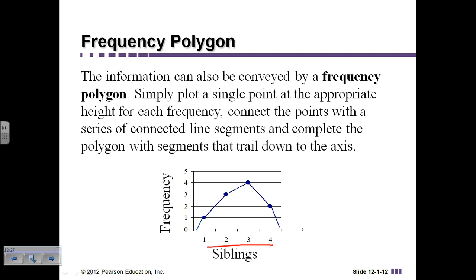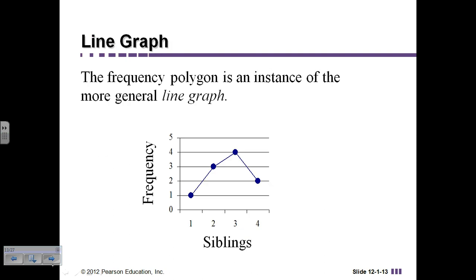So we have a frequency distribution table, we have a histogram, we have a frequency polygon, and another way again would just be a line graph, which really looks an awful lot like a frequency polygon. It's just that you don't necessarily have the tails at either end where it seems to go on forever. So they're just different ways, again, to represent this information.